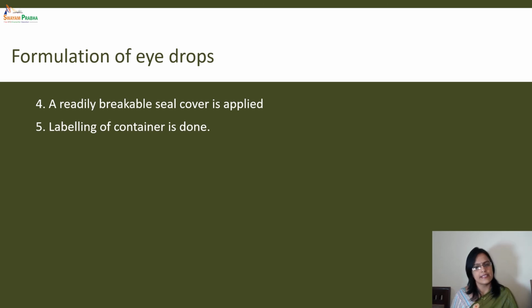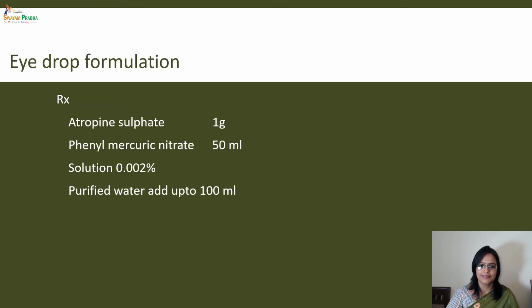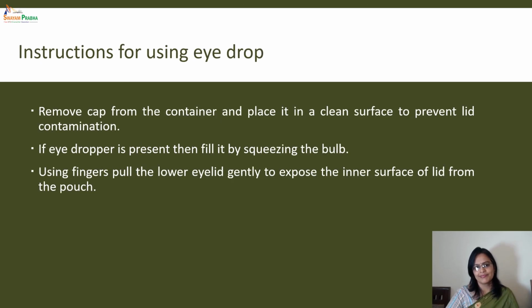Next is the final filling and labeling of the formulation. Take an example, atropine sulfate eye drop. It contains atropine sulfate, phenyl mercuric nitrate and purified water. Now the instructions for using eye drops: remove the cap from the container and place it on a clean place.